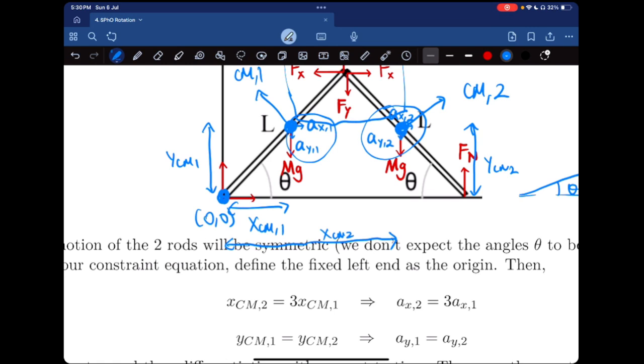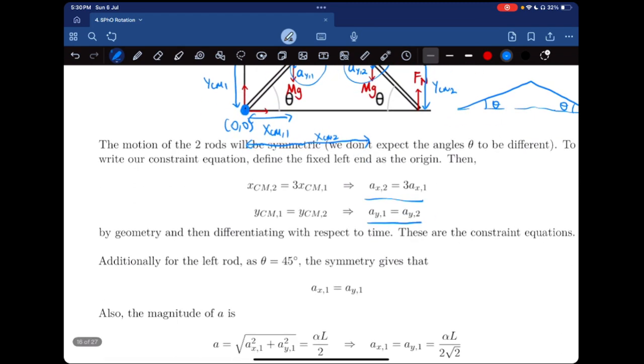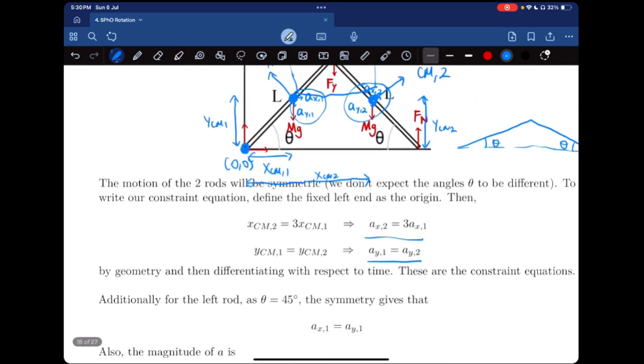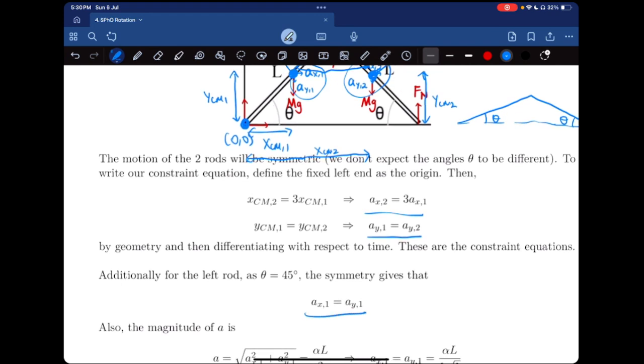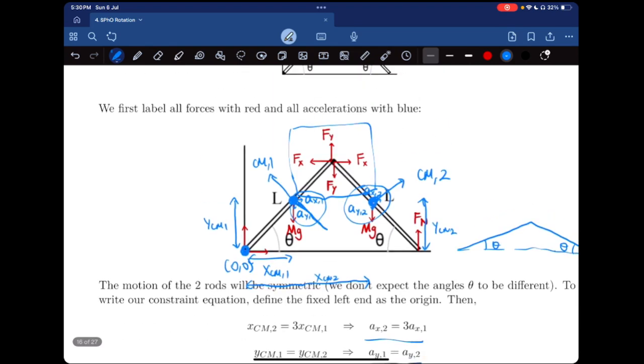Now, all we have to do is just differentiate these relations with respect to time. And you differentiate with respect to time twice, and you get relations for the accelerations as such. Now, for the left rod, as theta equals 45, symmetry will just give you that the x and y accelerations have to be the same. This allows for the net acceleration to point this way.